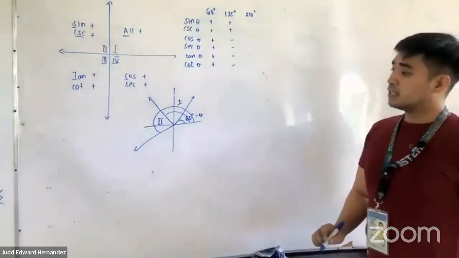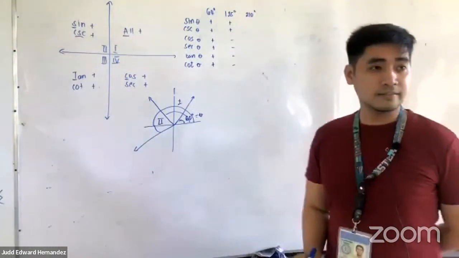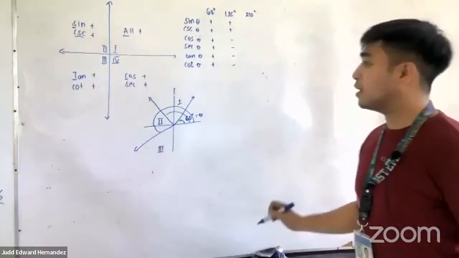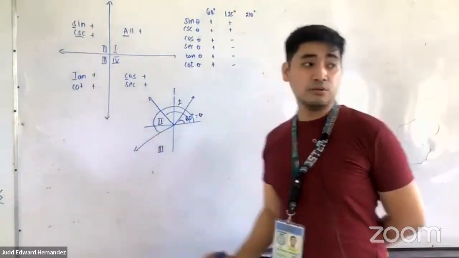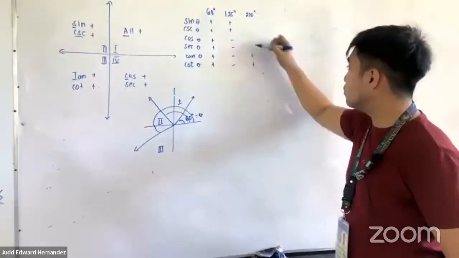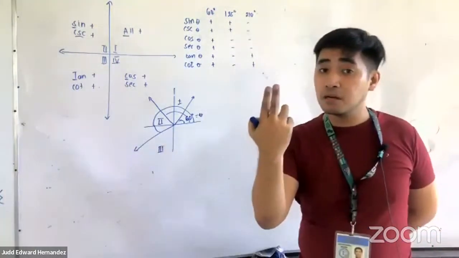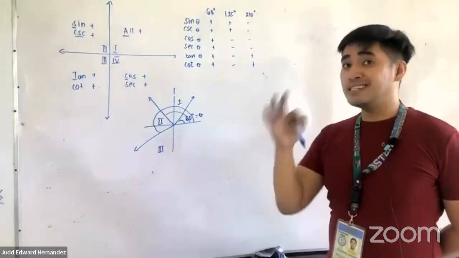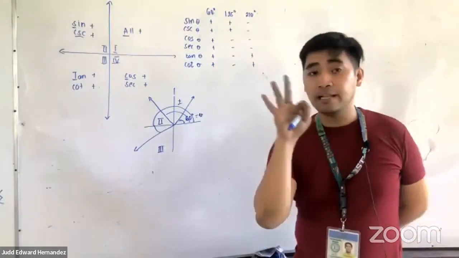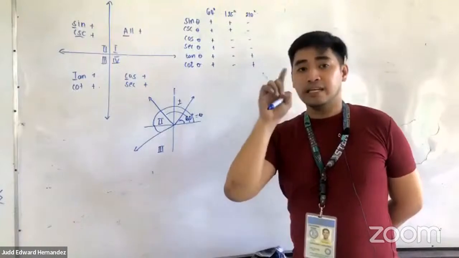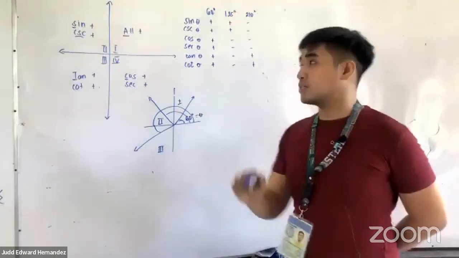Saan natin natagpuan si 210 degrees? Third quadrant. At ano lang po yung positive sa third quadrant? Tangent and cotangent. Siya lang po yung positive doon and all the others are negative. Usually, dalawa lang po talaga yung magka-partner na positive. Since tatlo yung magka-partner na yan, tatlo yung co-functions, isang quadrant lang lahat talaga nagiging positive siya.